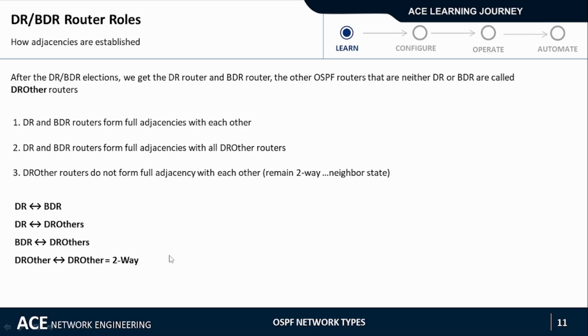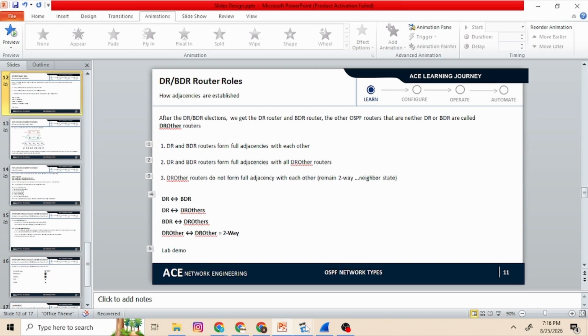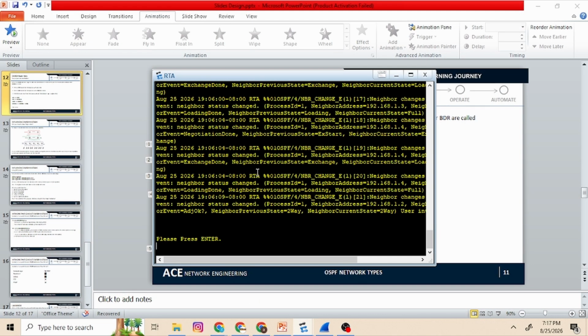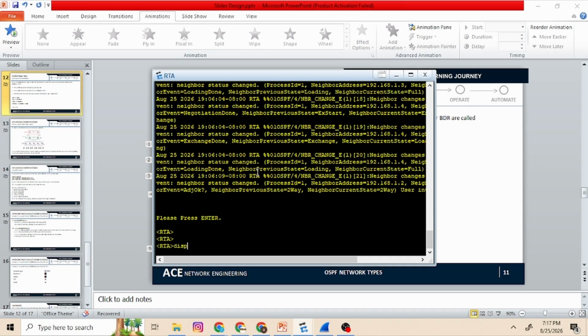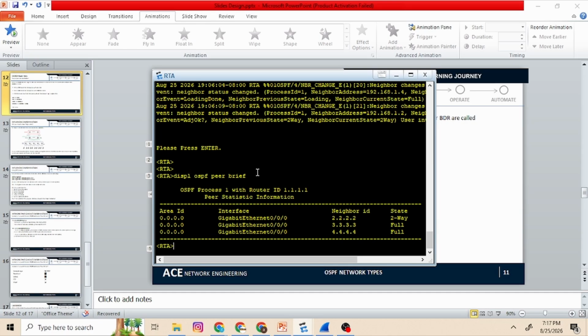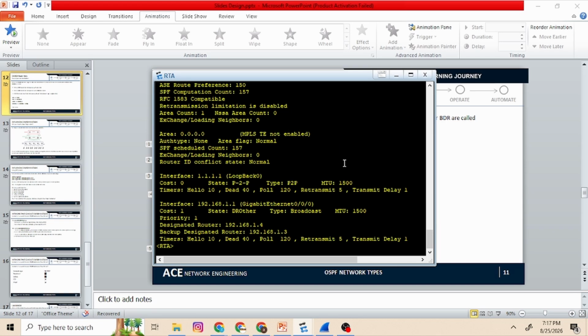Let's see that here. Display OSPF peer brief. Display OSPF brief so that we can see who is the DR and who is the BDR.